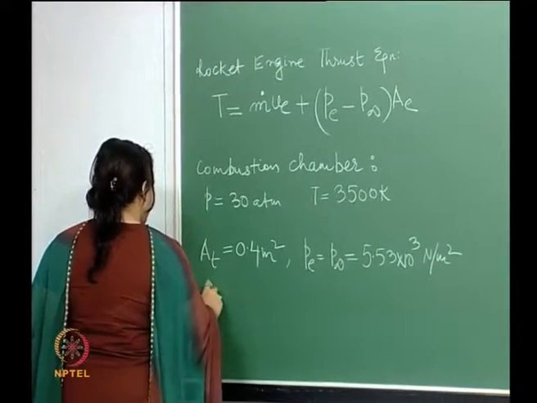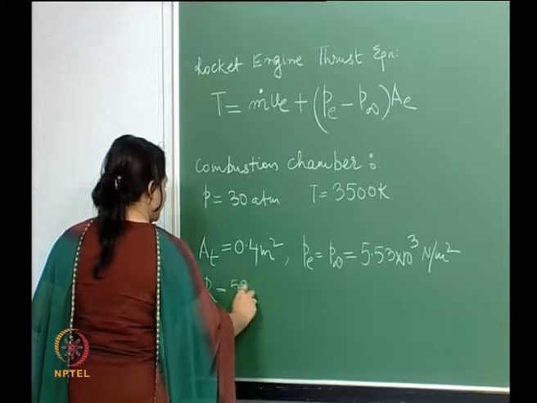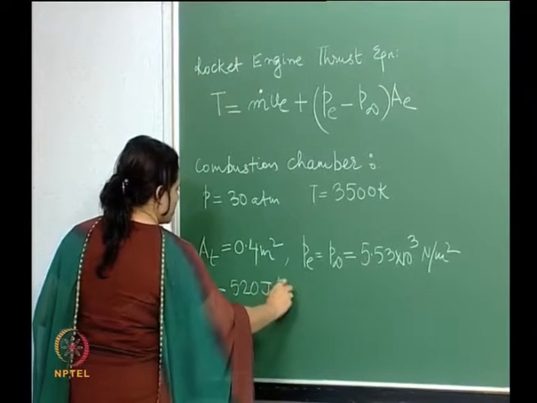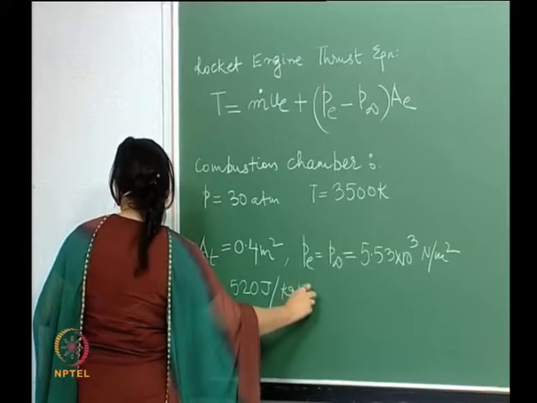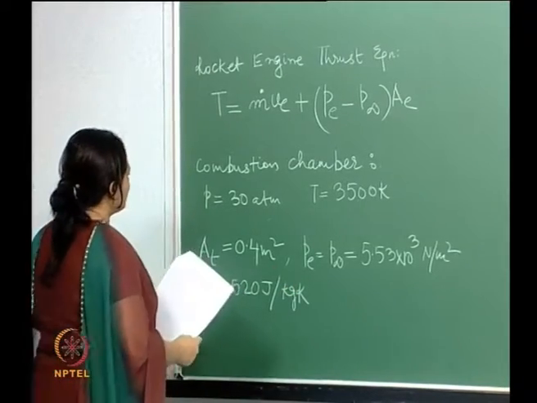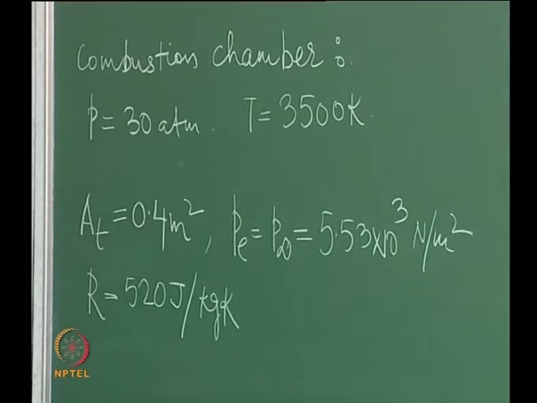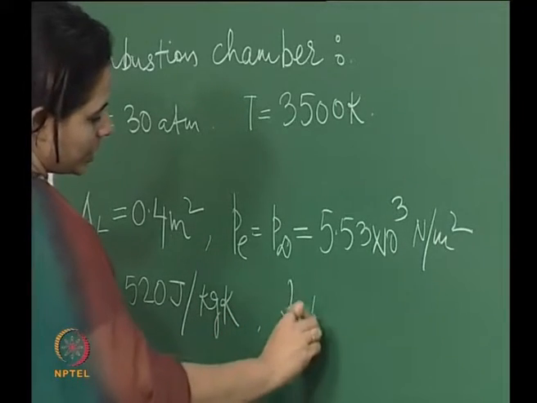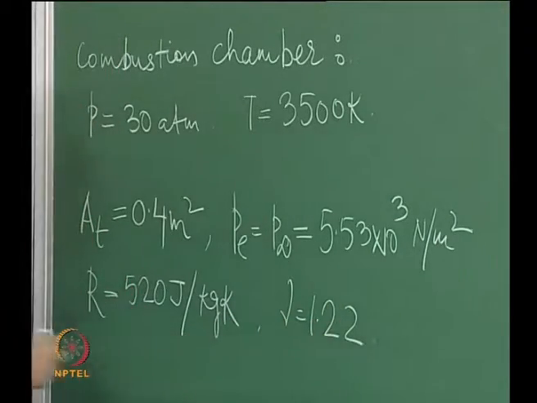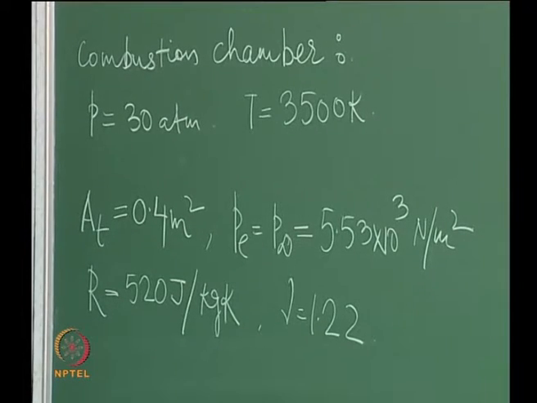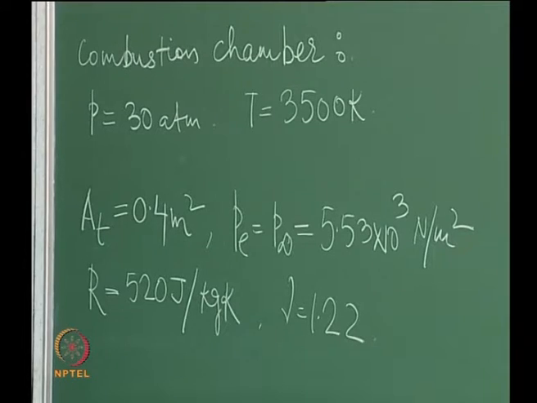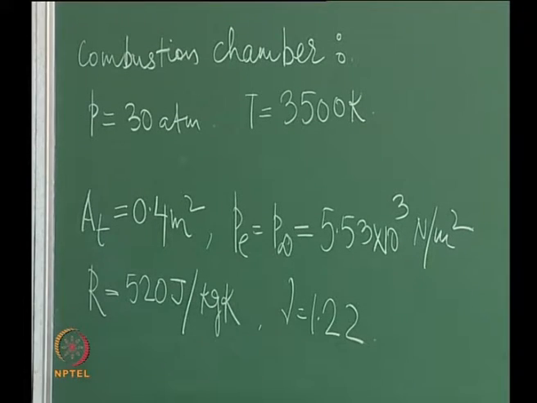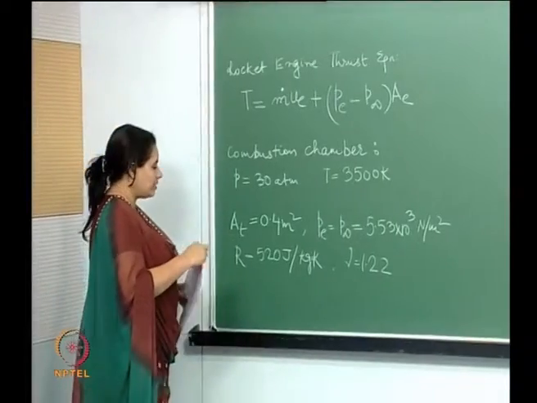The universal gas constant is given in joules per kg Kelvin. So these are the parameters which are given. The coefficient of specific heats, gamma, is given as 1.22, and assume isentropic flow. As the gas expands, you basically have isentropic flow.